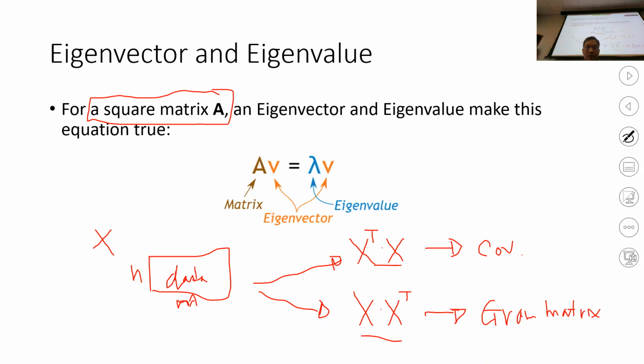The covariance matrix tells you the correlation between your features, if we think of M as the features describing your N samples. The gram matrix tells you the relative difference between samples.